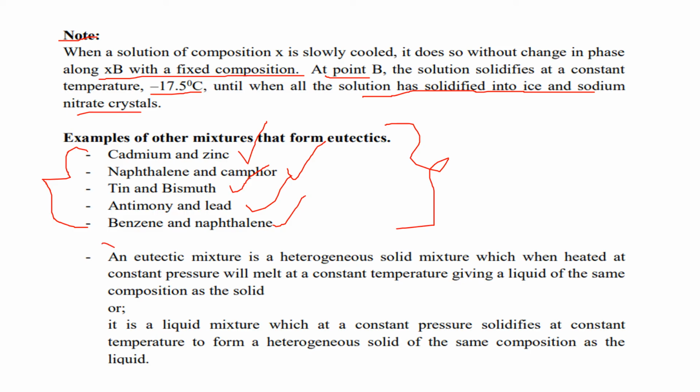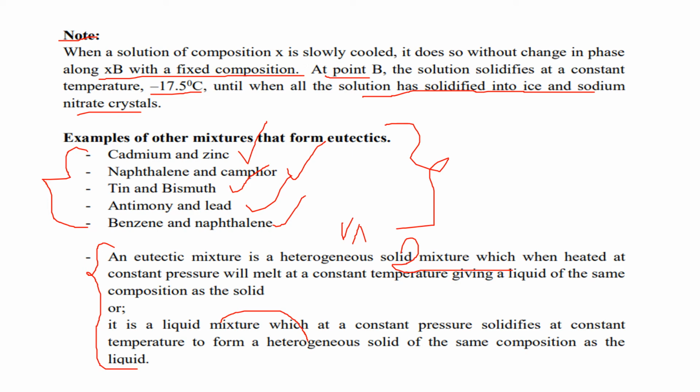Proceeding further, we look at the definitions of eutectic mixture. First of all, a eutectic mixture can be defined in 2 ways. One can determine it from a solid to a liquid, or another one can determine it from a liquid to a solid. I hope you get the difference.